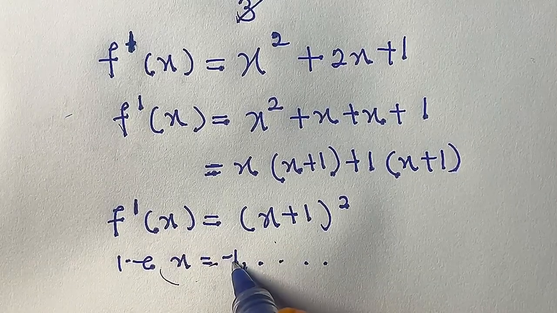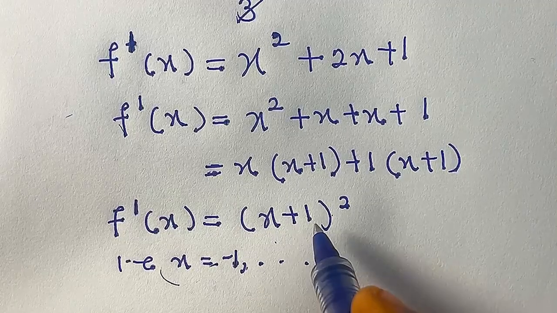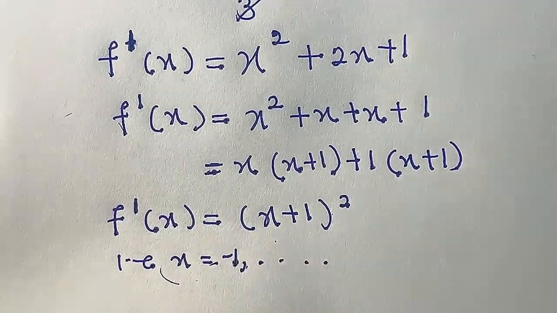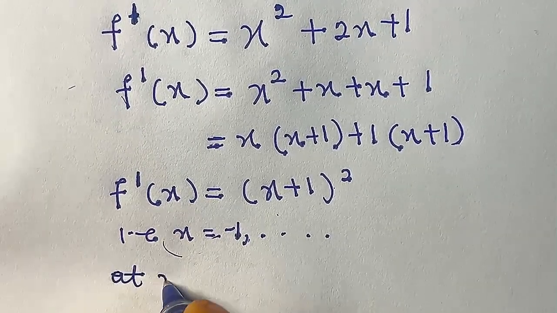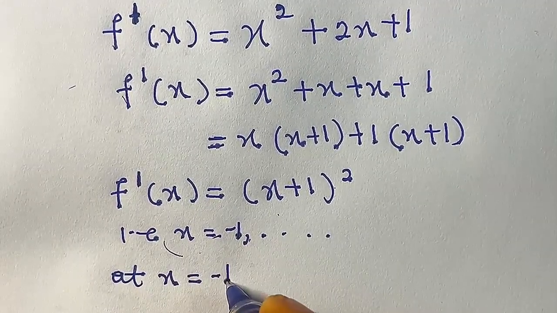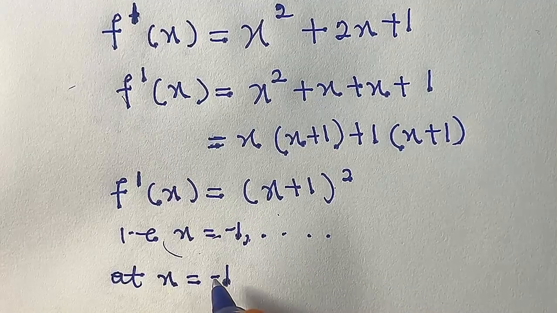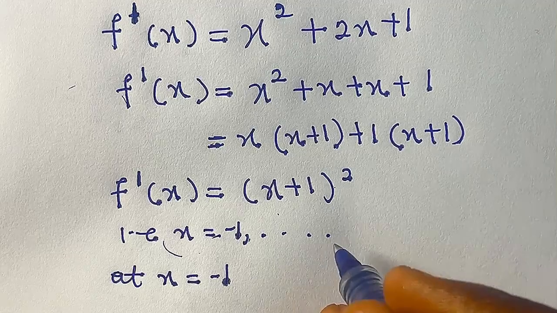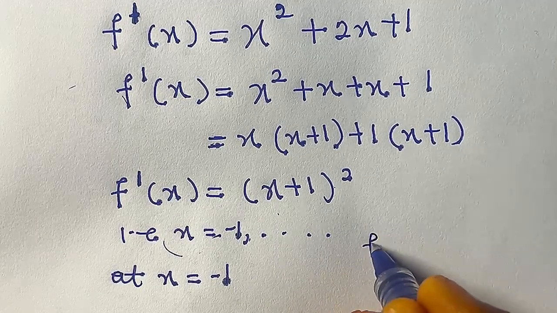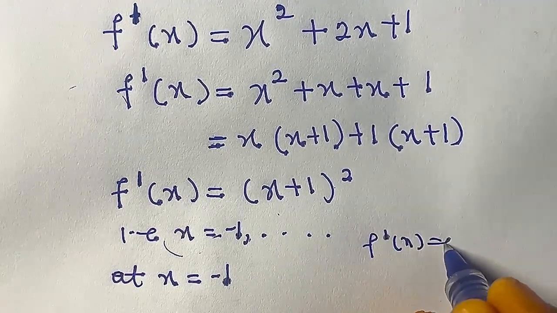If you plug minus 1 here, you have 0 squared, which is 0. So x equals minus 1 is the only point where f prime of x is equal to 0.